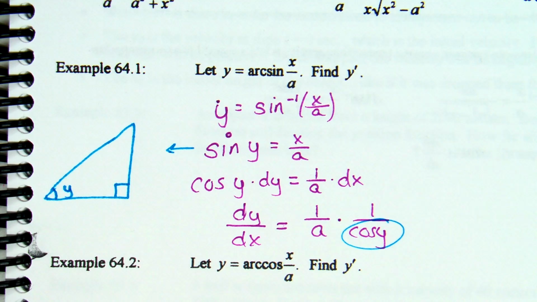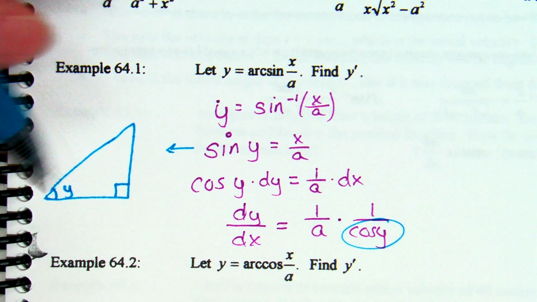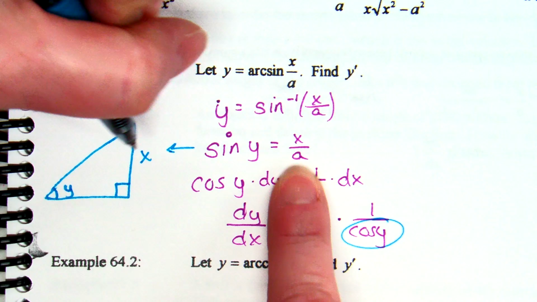X over a. Where does x go and where does a go? If sine of that angle is equal to x over a, opposite over hypotenuse? Yes. So opposite is going to be x. Hypotenuse is going to be a.